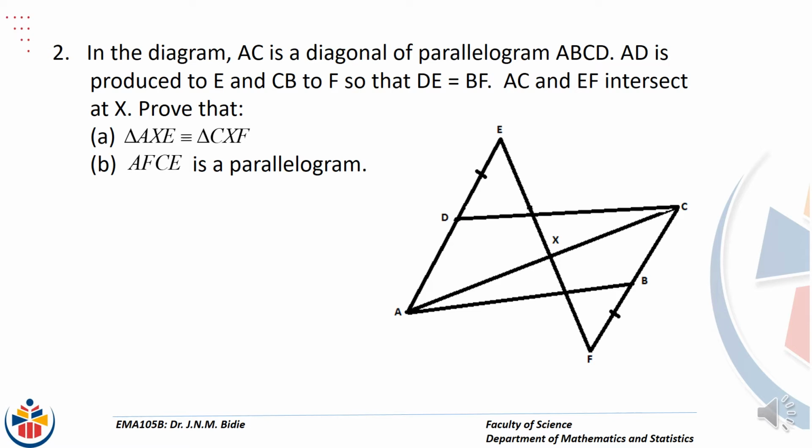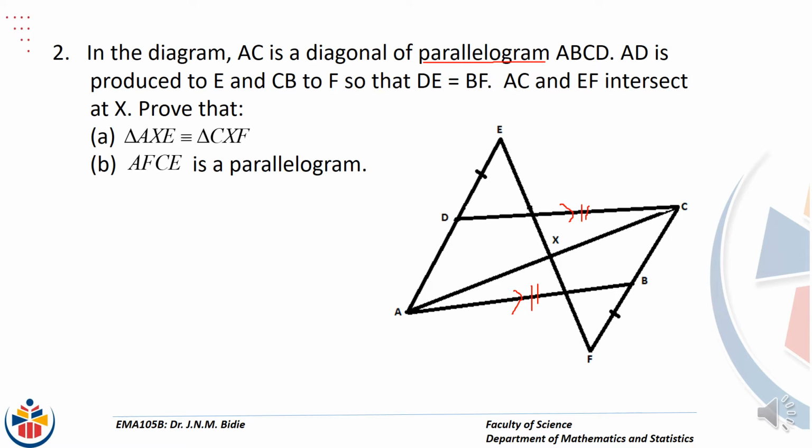For this example, we have AC, a diagonal of a parallelogram. I'll start there. And the parallelogram is ABCD. So the first thing I do is to remember the properties of a parallelogram, that it's got two opposite sides equal and parallel.